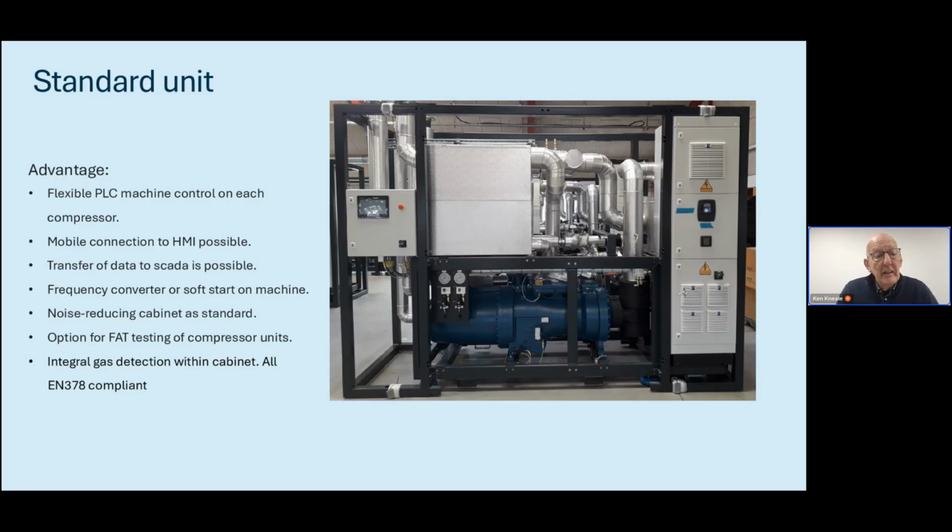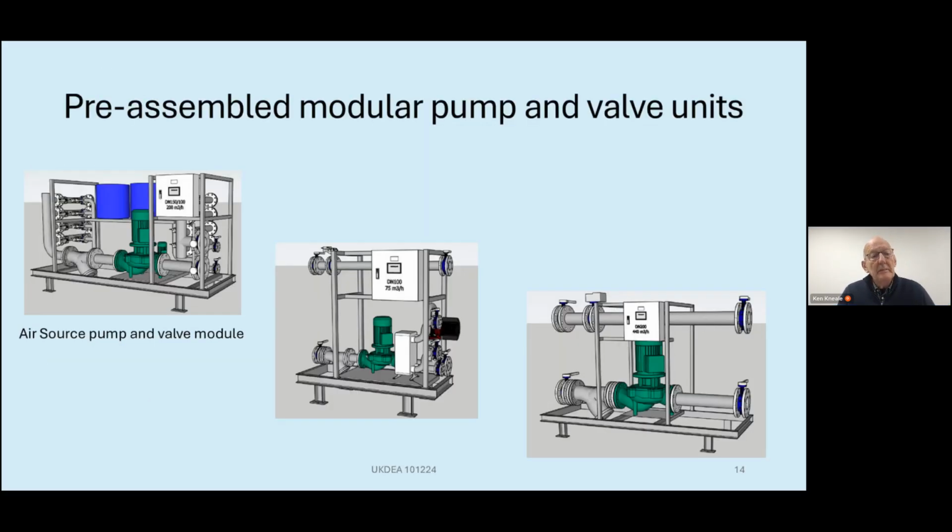Standard unit, all wired, all the controls are in place, fully tested in our new test facility, and all EN 378 compliant. If we're going air source, the module on the left is now used for splitting up the feed to the evaporators.